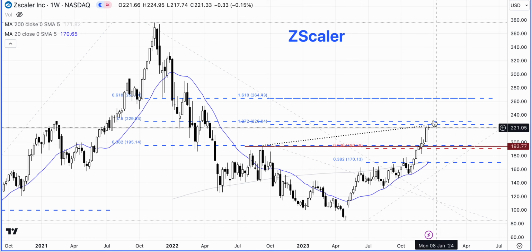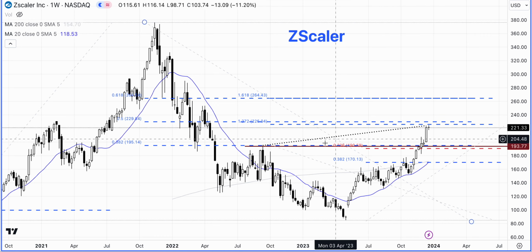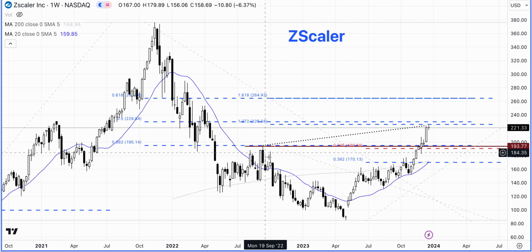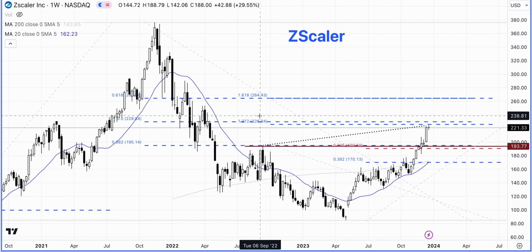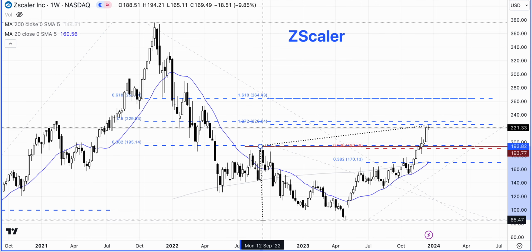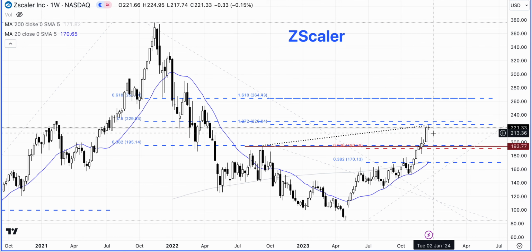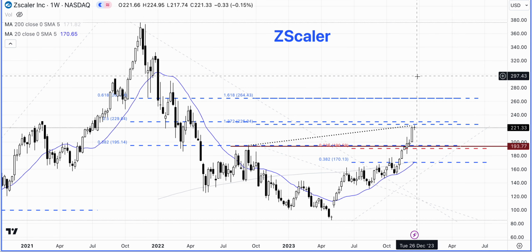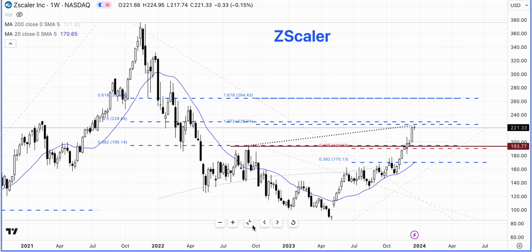However, where it is trading right at the moment, we have the 50% retracement and also the 1.27 expansion of this range. Let me actually draw it like this. So it could be a pretty good resistance here. And by resistance, I mean that we could face some pullback in the stock, which would be quite healthy as well.